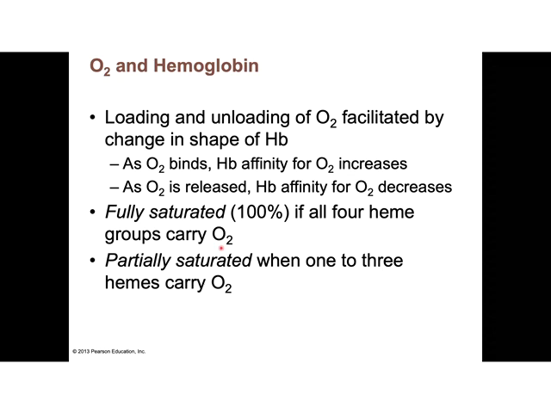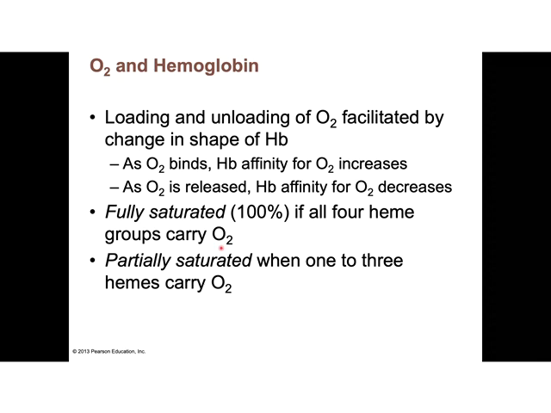So what are those conditions? Low pH, higher temperature, lower oxygen and higher CO2 levels. All of those promote changes in the hemoglobin shape that make it less likely to bind its oxygen tightly, and make it easier for the oxygen to move from the hemoglobin into the tissue fluid and into the cells.